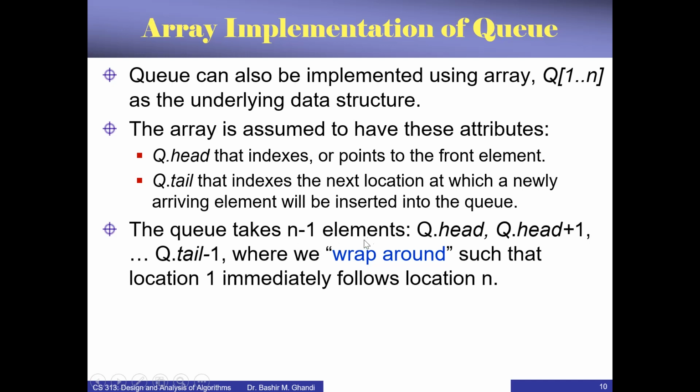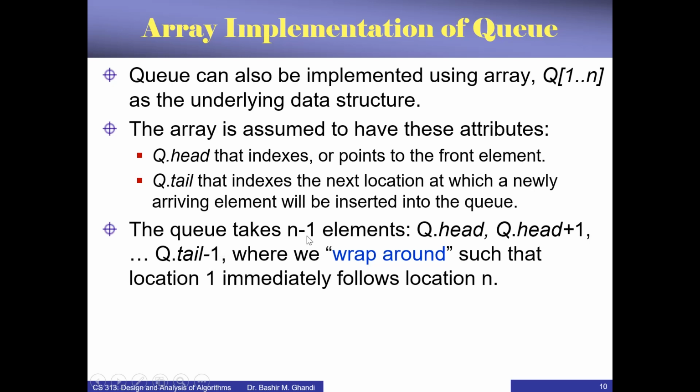So these n minus 1 elements will be indexed as queue.head, queue.head plus 1, queue.head plus 2, and so on until queue.tail minus 1. Remember, queue.tail is not pointing to a node or an element. It's simply a free location where we can enqueue the next one. So the last actual value is at queue.tail minus 1.